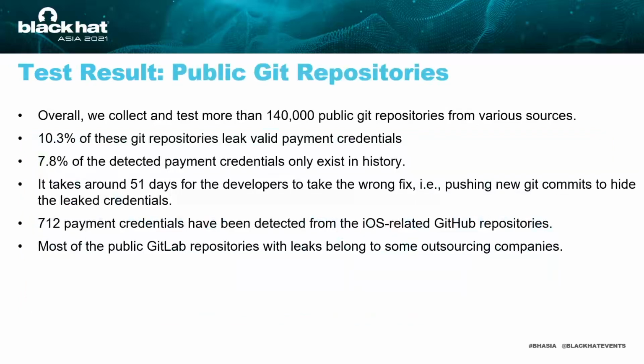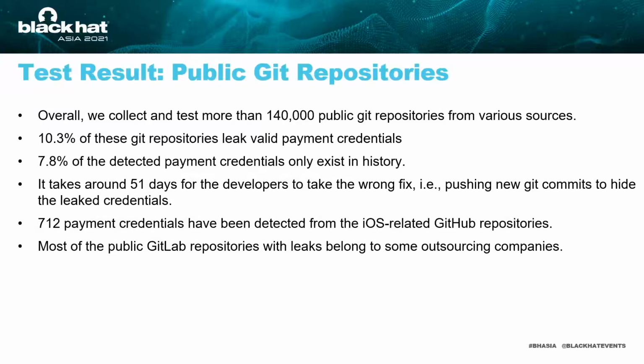Now, let's discuss the results from the 3 leaking sources one by one. In terms of the public Git repositories, we have tested around 140,000 inputs from various sources, and 10.3% of them leak at least one valid payment credential.